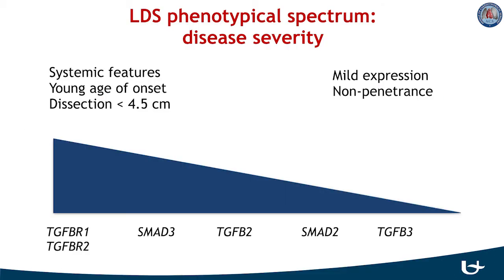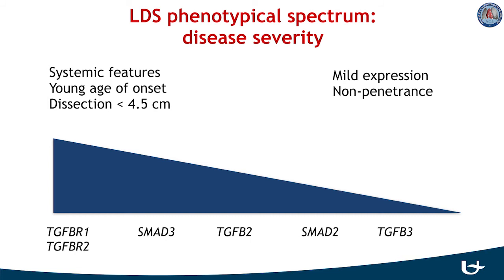Within the LDS phenotypical spectrum, preliminary data suggests there is also a spectrum of disease severity. The most severe presentations, with multiple systemic features, young age of onset, and dissection at small diameters, seem to be more frequent in the TGF-beta receptor 1 and 2 and SMAD3 related mutations.